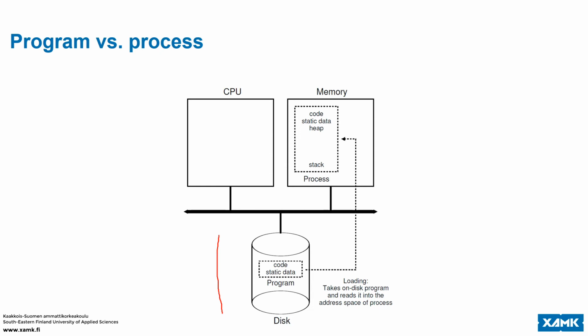So when running some program, it starts from loading program code to the RAM memory. Loading a program is what creates a process. So once we load the individual program code, that is all well and good, but it's not enough to actually execute the program.